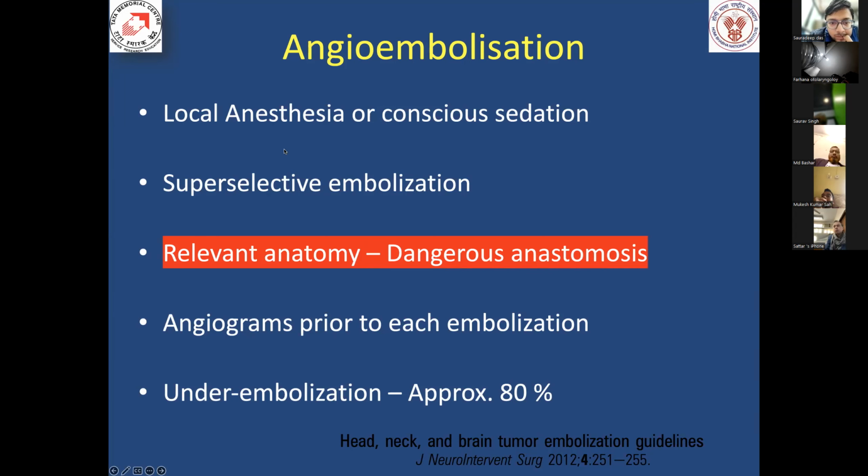So the procedure is done under local anesthesia or conscious sedation. The reason why we do it under local anesthesia is because we can monitor in real time how the higher mental function of the patient is. We are all aware that there is dangerous anastomosis between the ECA and the ICA.